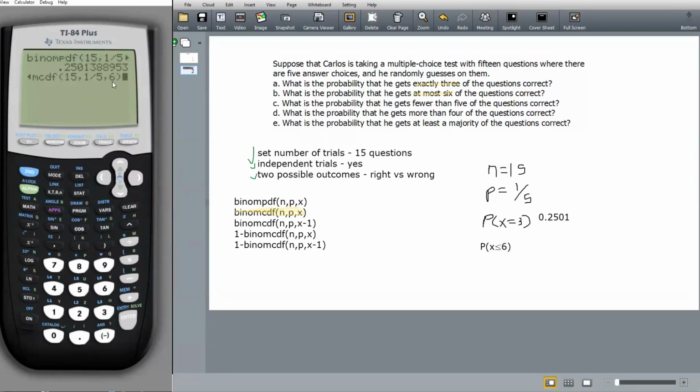I can double check my probability. I can see that it says binomial CDF, n, comma, p, comma, x. Therefore, my probability that he gets at most 6 is going to be 0.9819.